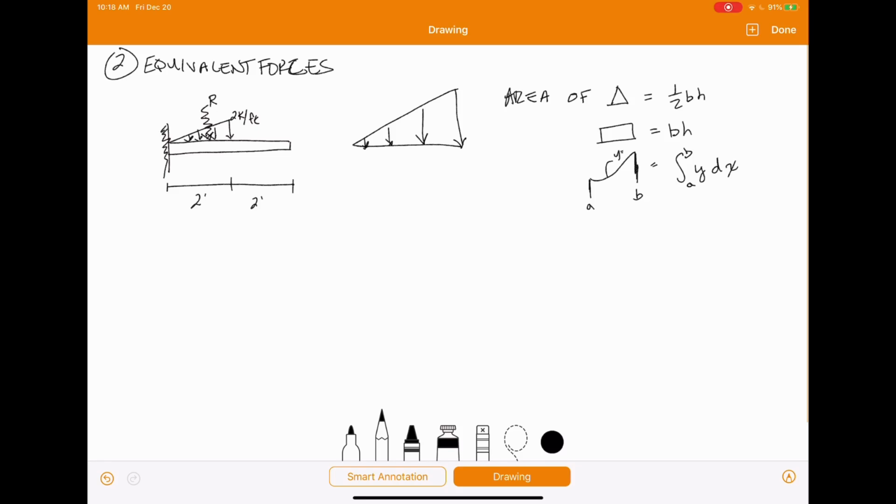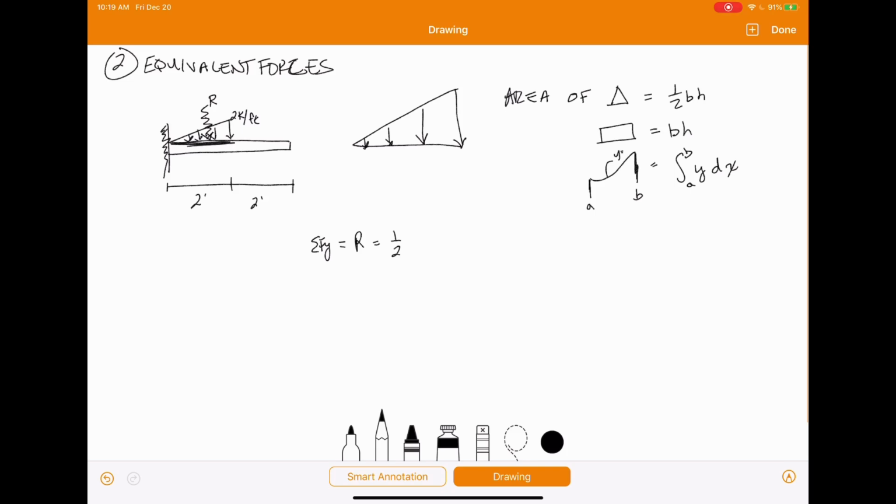All right, so let's go ahead and find our resultant force. That's just going to be our sum of forces Y. And so we're just going to go ahead and take the area of that triangle. So 1/2 base.